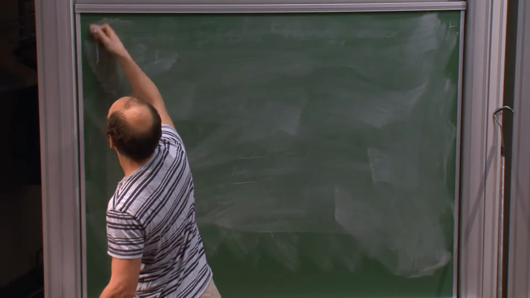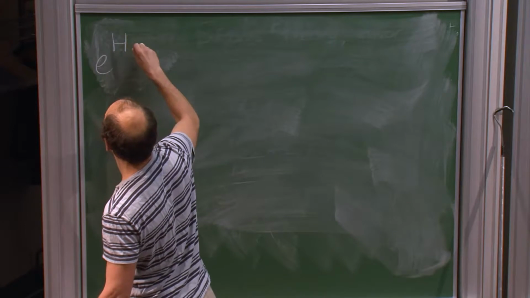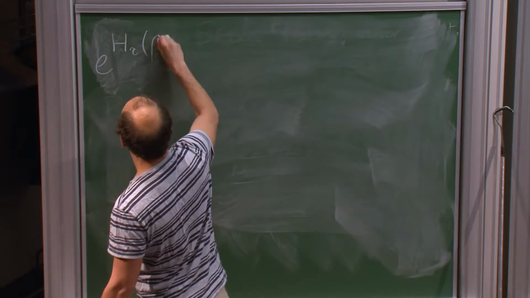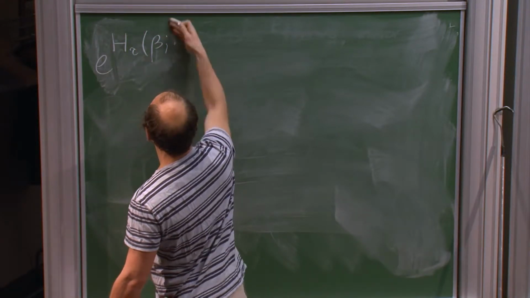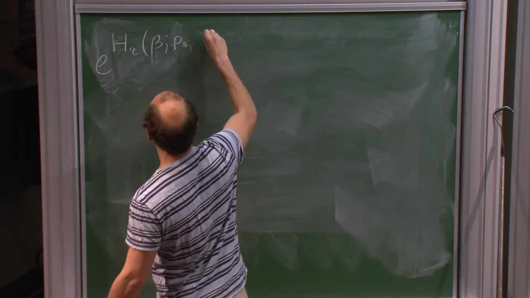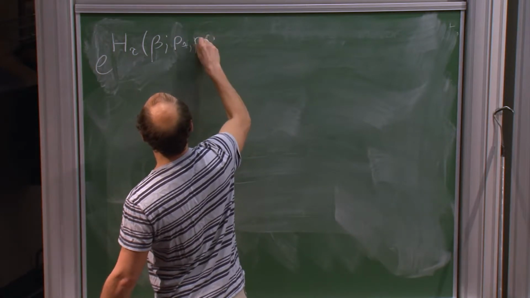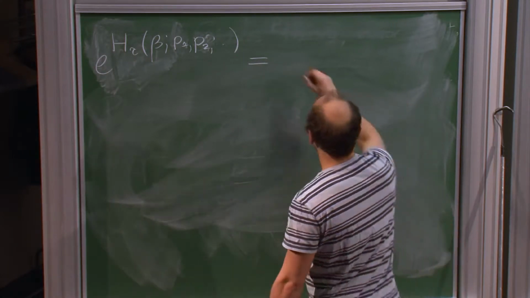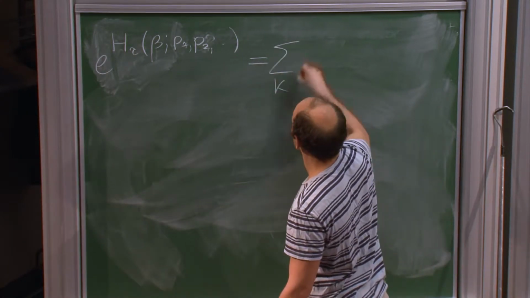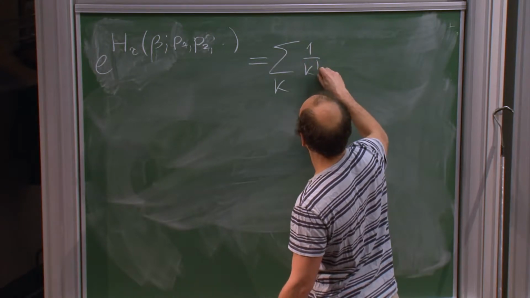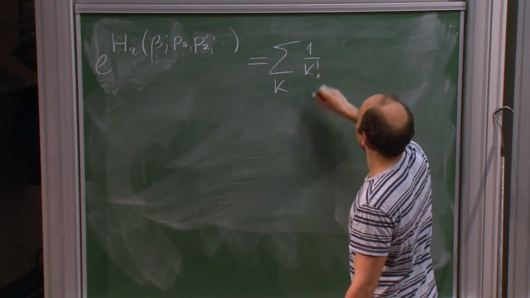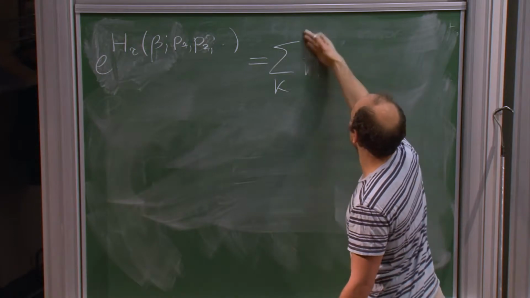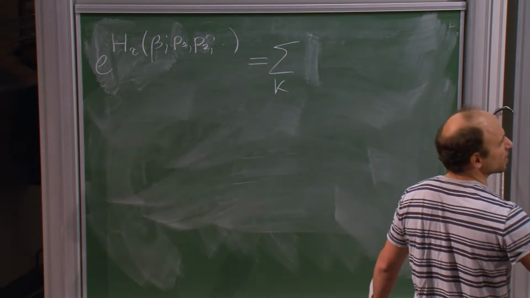Let me start with e to the power H sub r of beta, k1, kn, b1, b2, and so on. Exactly by the same formula: sum over k, 1 over k factorial. Now I have to write the second version, right?